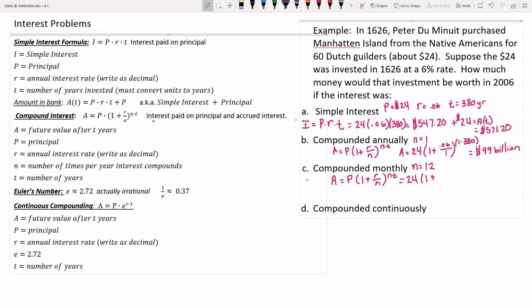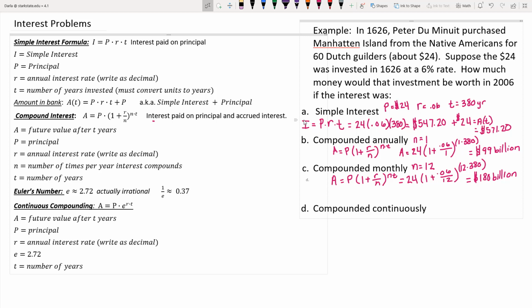Go ahead and substitute those numbers in. Our power is significantly larger, so that explains why we would expect this to go up significantly. When we calculate that, we see that it ends up being 180 billion. So I definitely want to compound more often. Look how significant that is.